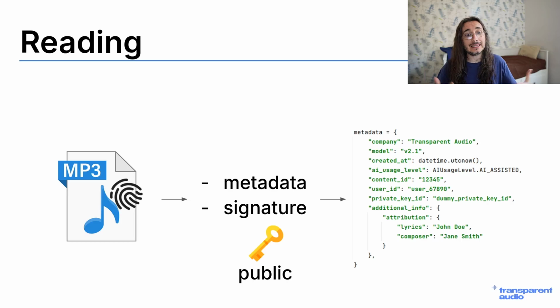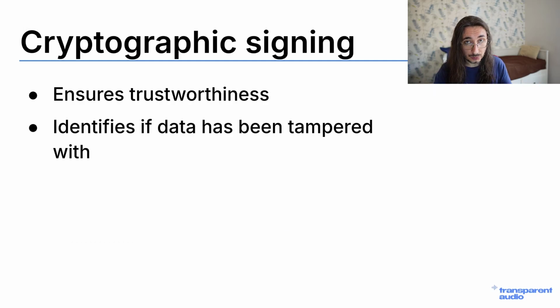But there may be a case where even just a single letter within the metadata or the signature has been altered for whatever reason. It could be a malevolent actor or just random chance. In that case, the verification process with the public key will fail, will throw an error, and at that point we know that the metadata is no longer reliable. So how do we do that?